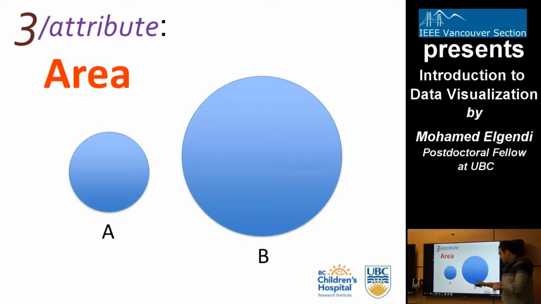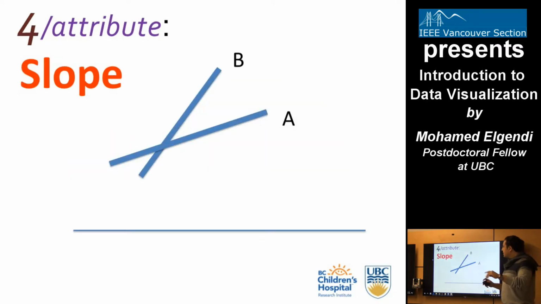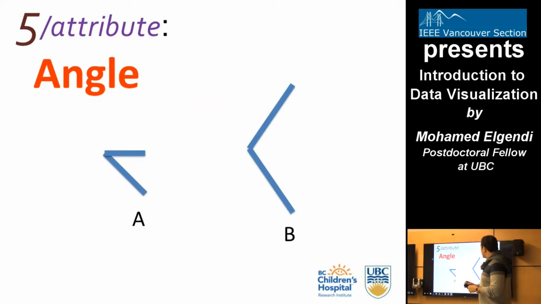The area of B 2 times bigger than A. 4 times. Okay. How many of you, I'm going to look at the attribute of slope. How many of you think that the slope of B is 2 times more than A? 3 times. 2. About 3. Angle.